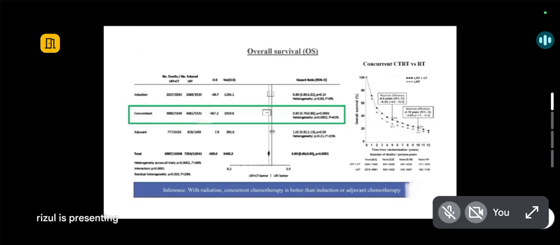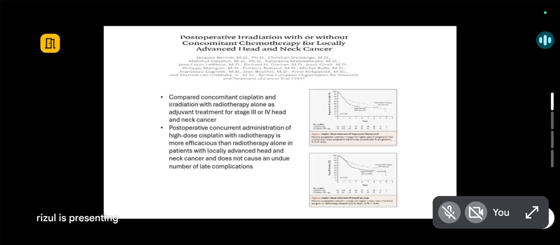As shown in the diagram, they have clearly shown that concurrent CTRT has a much better survival rate than induction or adjuvant chemotherapy. Then there is another trial by Bernier, comparing post-operative radiation therapy with or without concomitant chemotherapy for locally advanced head and neck cancers.